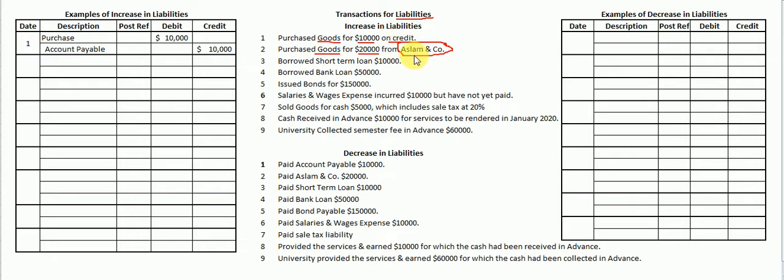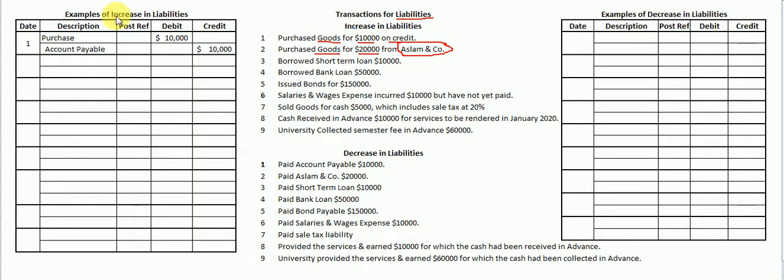It means we have purchased from Aslam & Co. And you have to directly understand that this transaction is on account, even though the words on account or on credit are not mentioned here. But from the name you should understand that this transaction is on account.